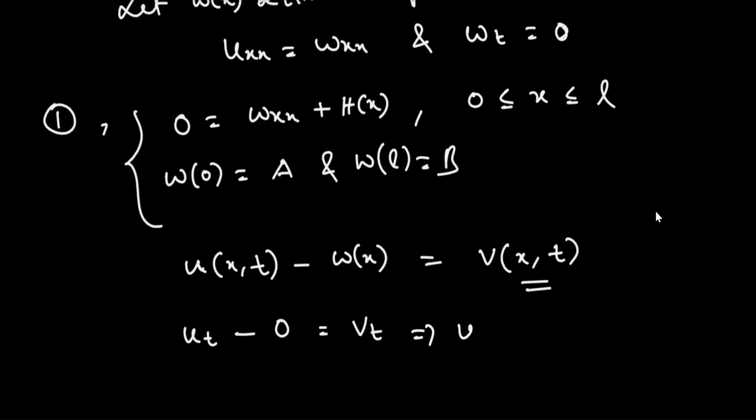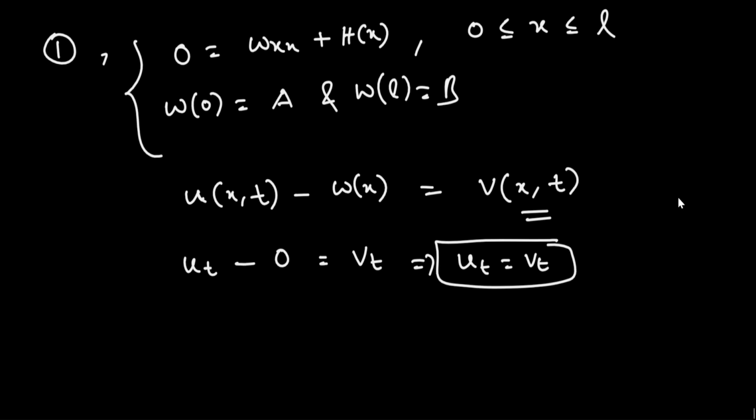That means u_t equal to v_t, and if we differentiate partially with respect to x, we get u_xx minus w_xx equal to v_xx.